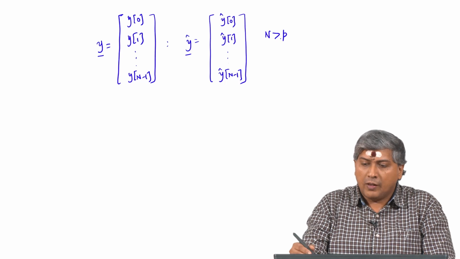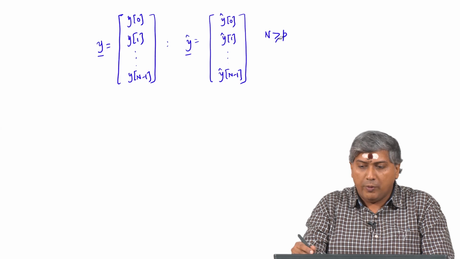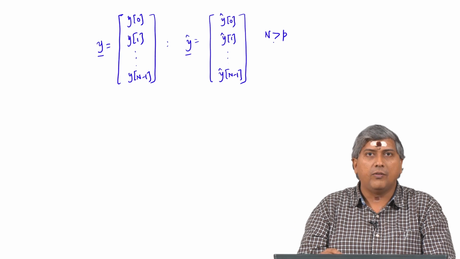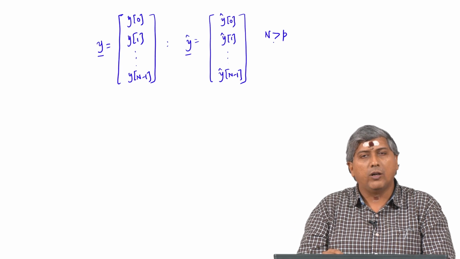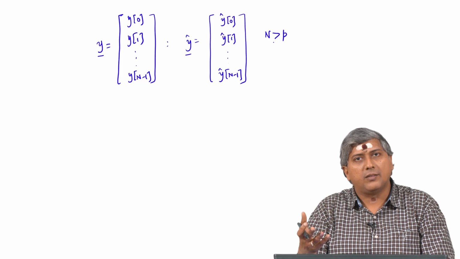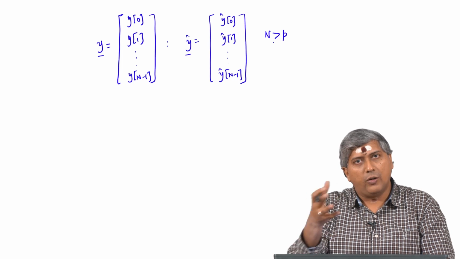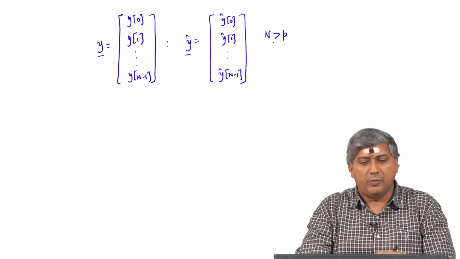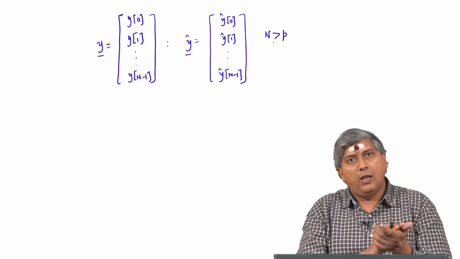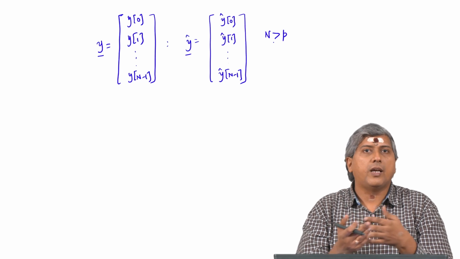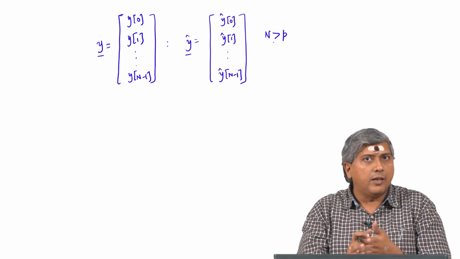Typically, you can say n is greater than or equal to p, but generally we have more observations than the number of unknowns. What are the unknowns? Some p parameters using which we are going to construct this approximation y hat. Now, I have to satisfy all the n observations.